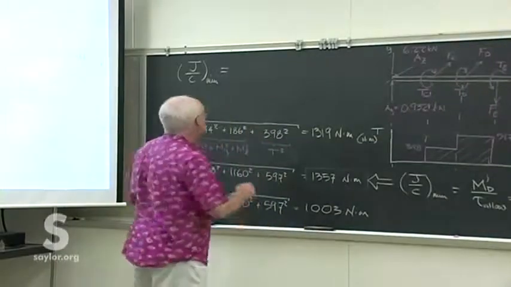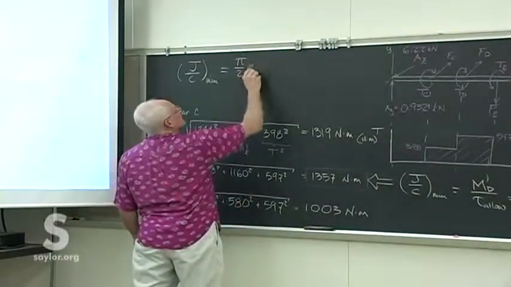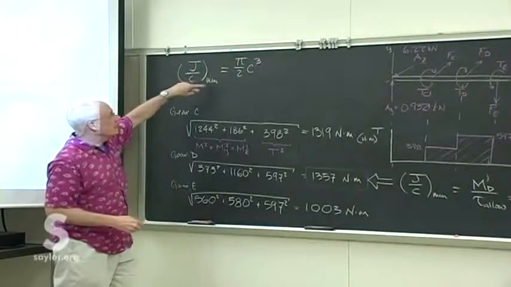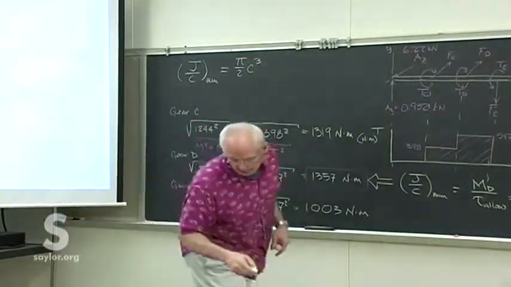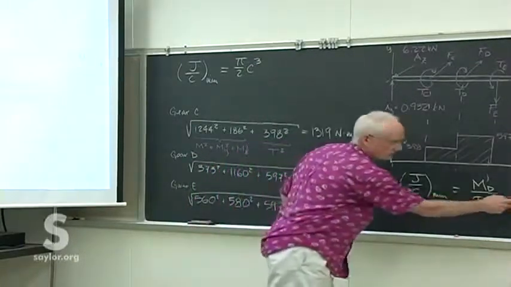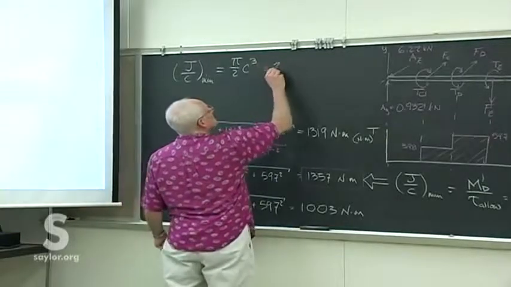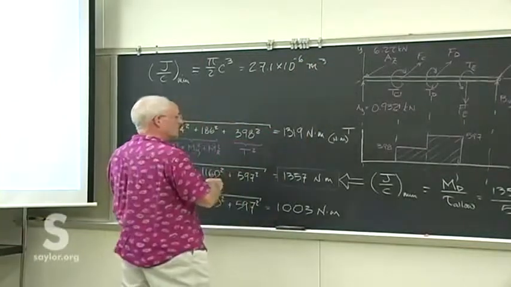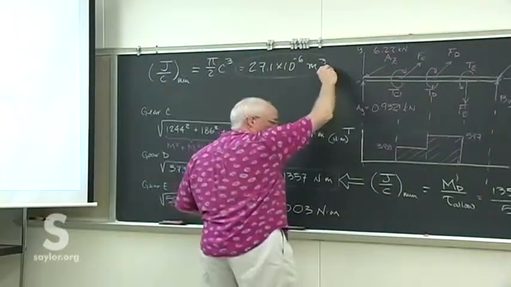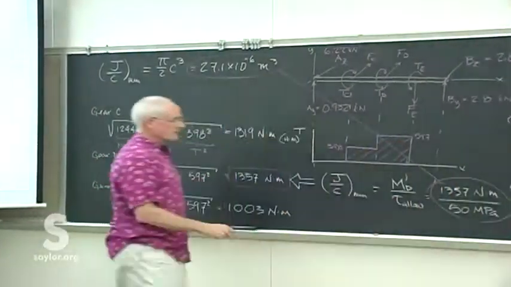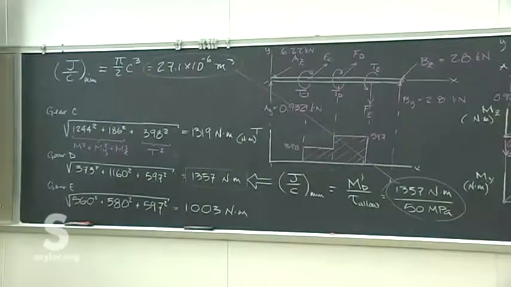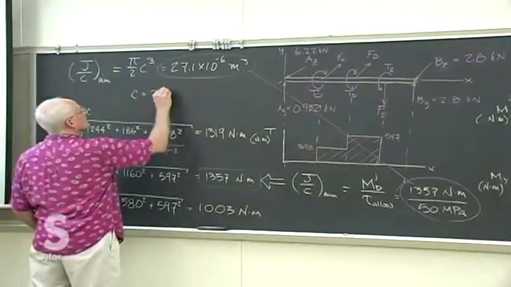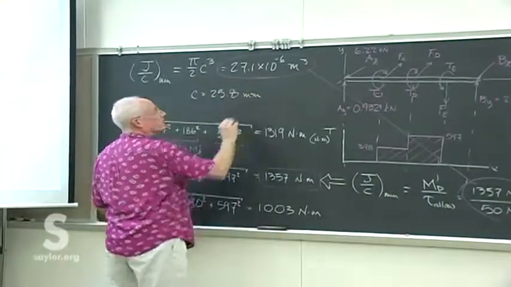J over C is pi over 2 c cubed, and then we can find that radius C. Remember, that's just J over C simplified a little bit, and we know that that now has a limit on it of this value, 27.1 times 10 to the negative 6th meters cubed, where that value is just finishing that ratio, J over C. And so now we can solve for C as 25.8 millimeters.